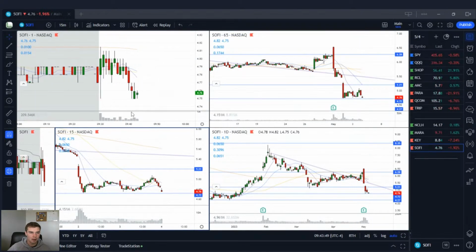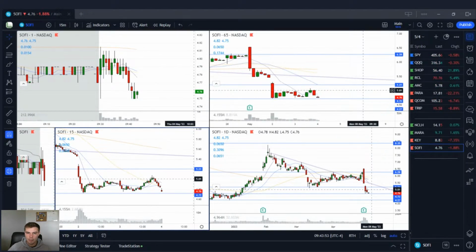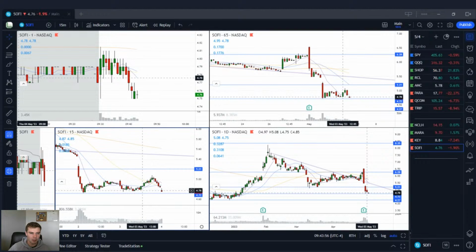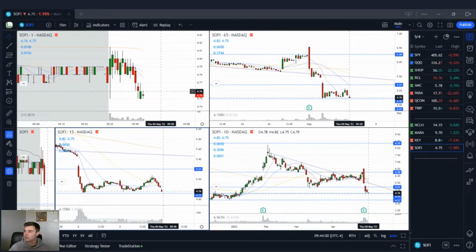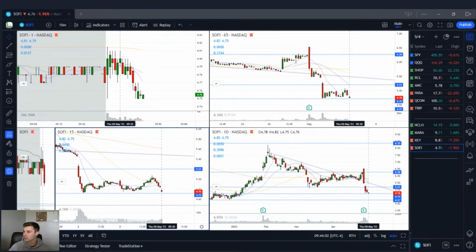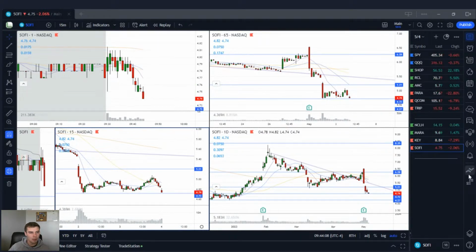This is SoFi. I am just about right. I don't like that it's right above the support at 472. That is a little bit of a concern, but markets are very weak. This thing's looking weak as well. All right. I'll probably give it, oh man, it just broke down right there.